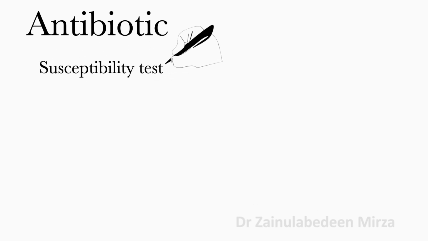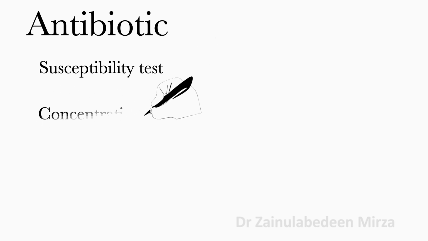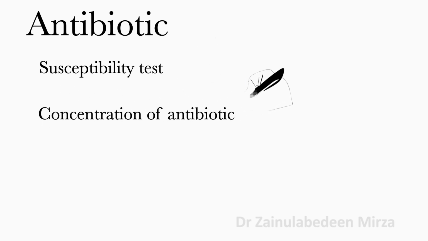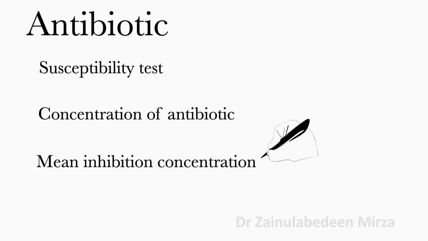In vitro tests for most antibacterial drugs, such as the stability test, are based on the concentration of antibiotics required to inhibit growth. The test is determined by standard laboratory measurement of the minimum inhibitory concentration.